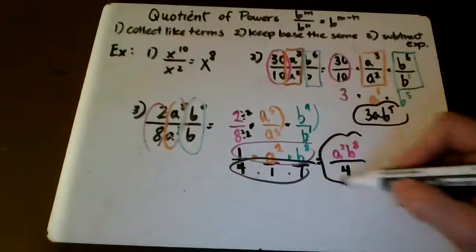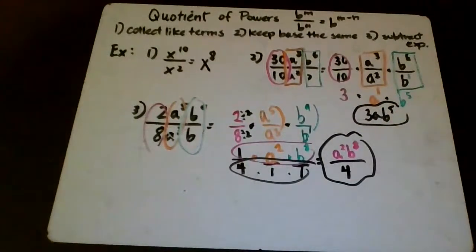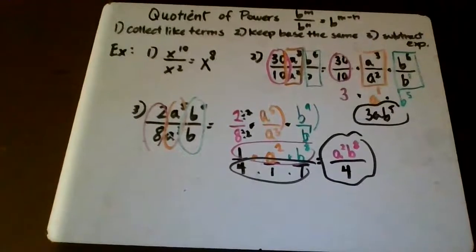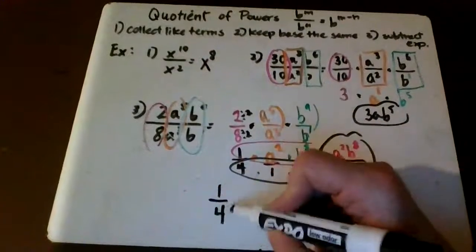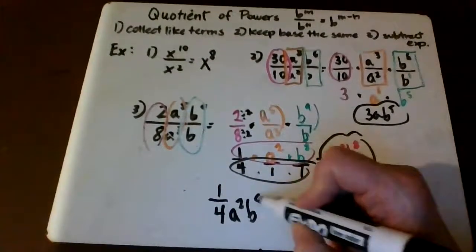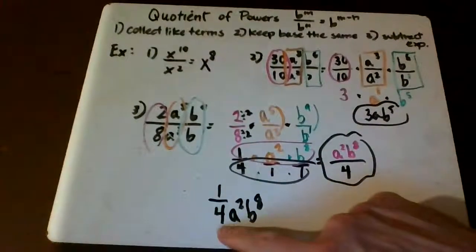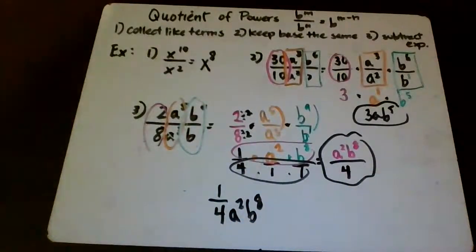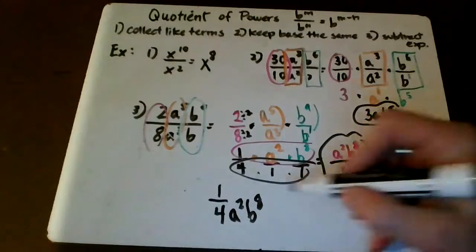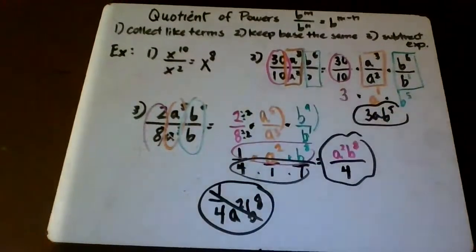So this is the best way to write your answer, and that's how I would like you to write it: a squared, b to the 8th, all over 4. I know the other way means the same thing, but as you can see, it looks like the a squared and the b to the 8th are in the denominator. So that's kind of confusing.